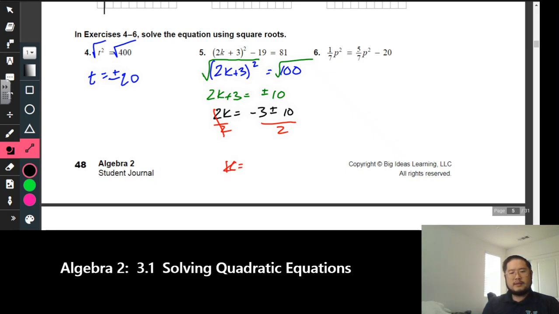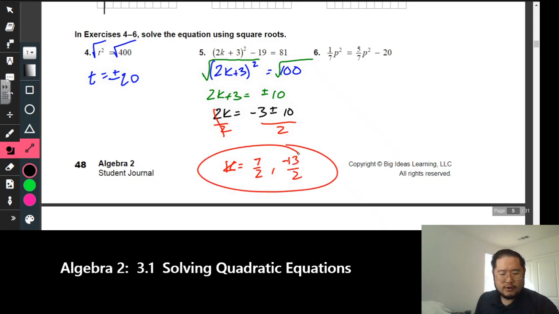The reason being is because let's take negative 3 plus 10. That right there is 7. And then we have 7 over 2 as one of the roots. You take negative 3 minus 10, and that will get you negative 13 over 2. And there you have your 2 roots. So that's how you will solve equations using square roots.